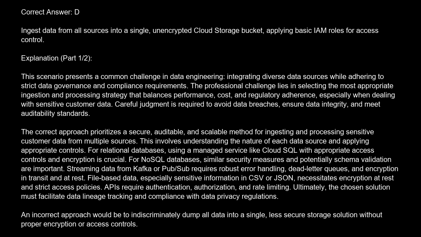File-based data, especially sensitive information in CSV or JSON, necessitates encryption at rest and strict access policies. APIs require authentication, authorization, and rate limiting. Ultimately, the chosen solution must facilitate data lineage tracking and compliance with data privacy regulations.